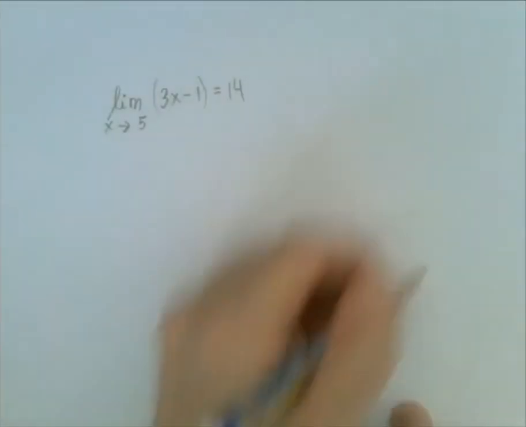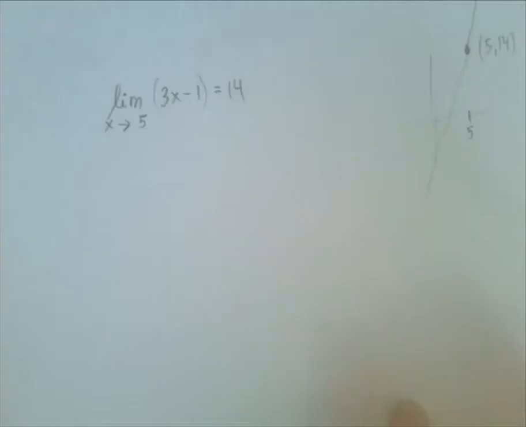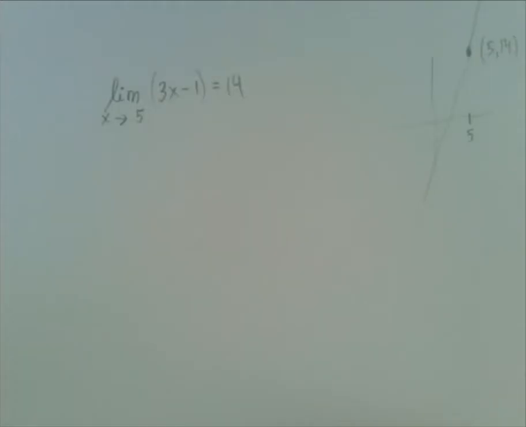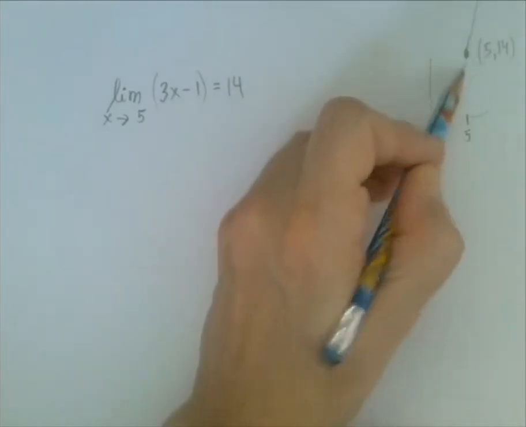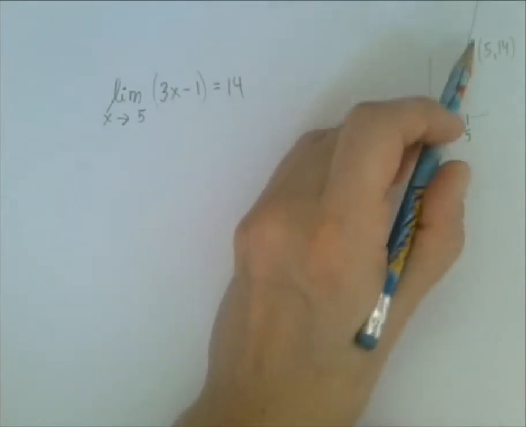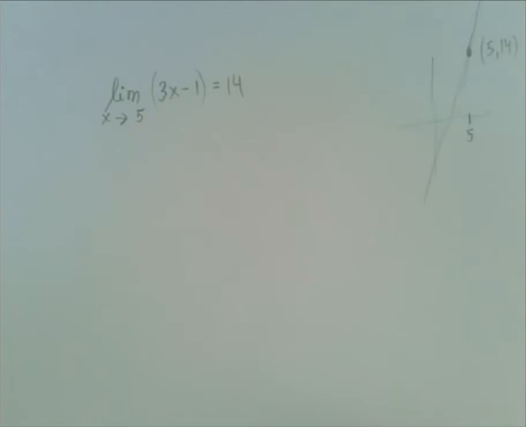If we graph this, we will see that at 5 the function value is 14, but the question is what happens nearby? What happens when x is not quite 5 but very close to it? Would the y be close to 14? Just from the visual, we have an instinct that the answer is yes, this is a two-sided limit. The closer x gets to 5, the closer y gets to 14.